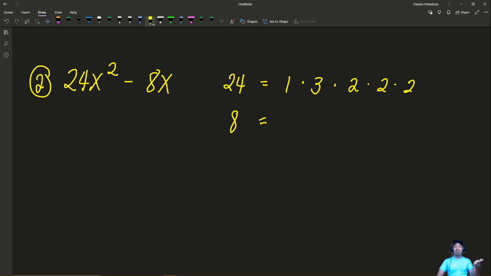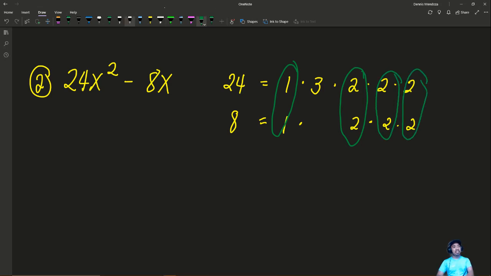So these are the prime factors of 24. While for 8, just like what I've told you, it is just 1 and then 3 2's. Okay, so the only common here is 1, 2, 2, and 2.